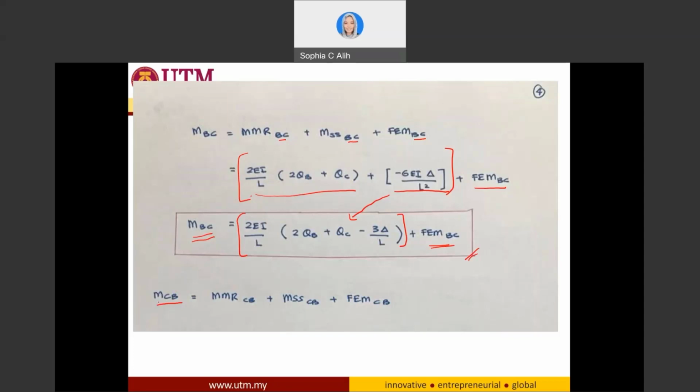For the moment of CB, again you have to include the three types of moment: the moment due to member rotation, the moment due to support settlement, and the fixed end moment, all for CB right now. Okay, MMR CB, MSS CB, and FEM CB.